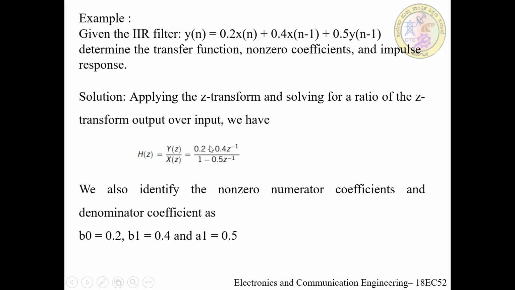Okay. So from here, we can observe the coefficients of the numerator are 0.2, that is b0 is 0.2 and b1 is 0.4. And the coefficient of the denominator is 0.5. Okay. So these are the non-zero coefficients.